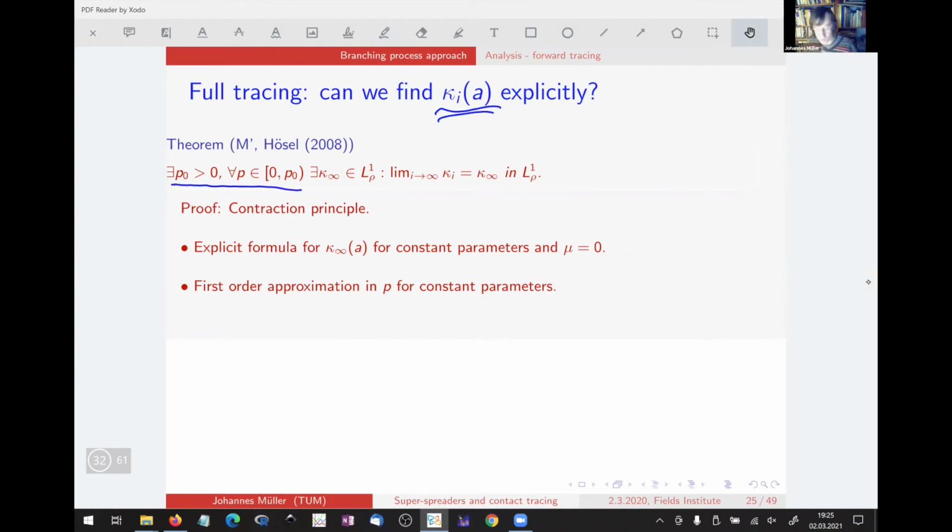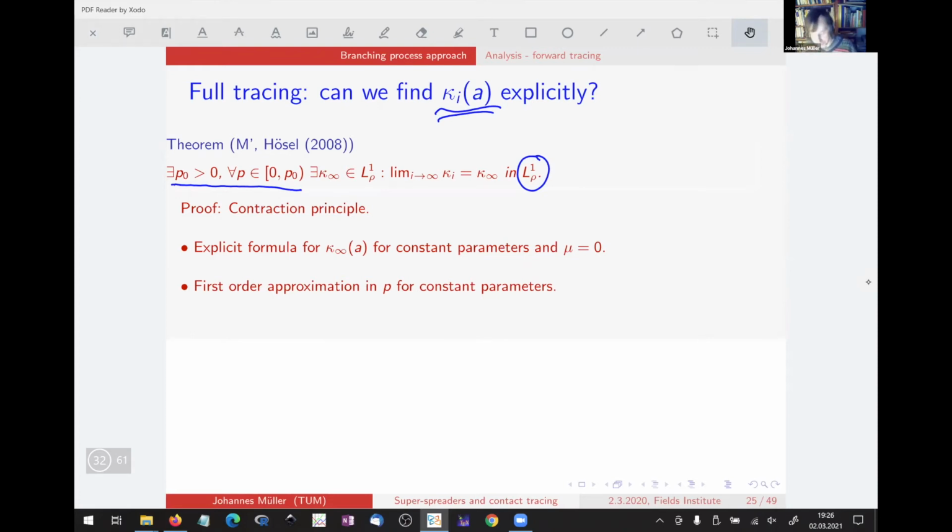So if the tracing probability is small, this contraction principle would work. And in some weighted L1 space, we have convergence. But if p is too large, we cannot prove it. So we are completely persuaded it converges rapidly, so you see it numerically, but we cannot prove that.